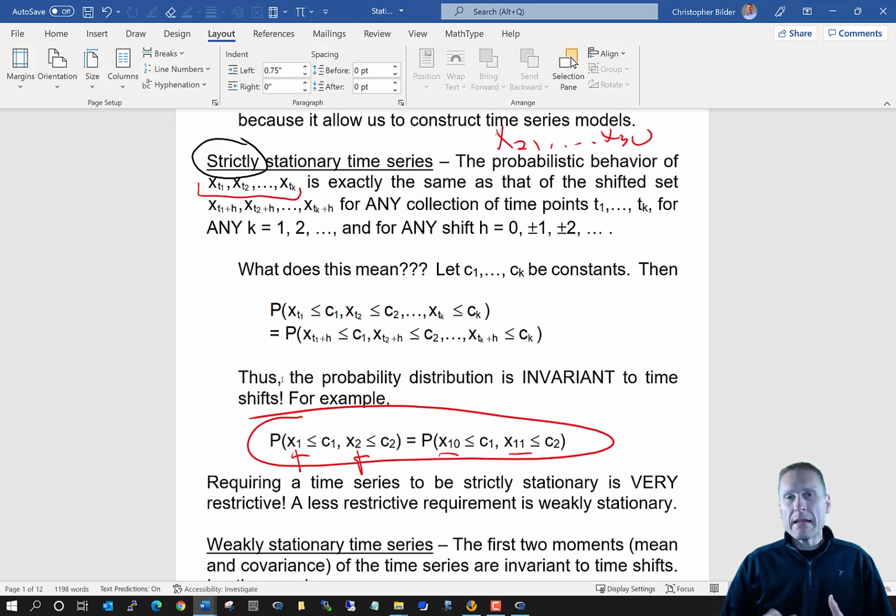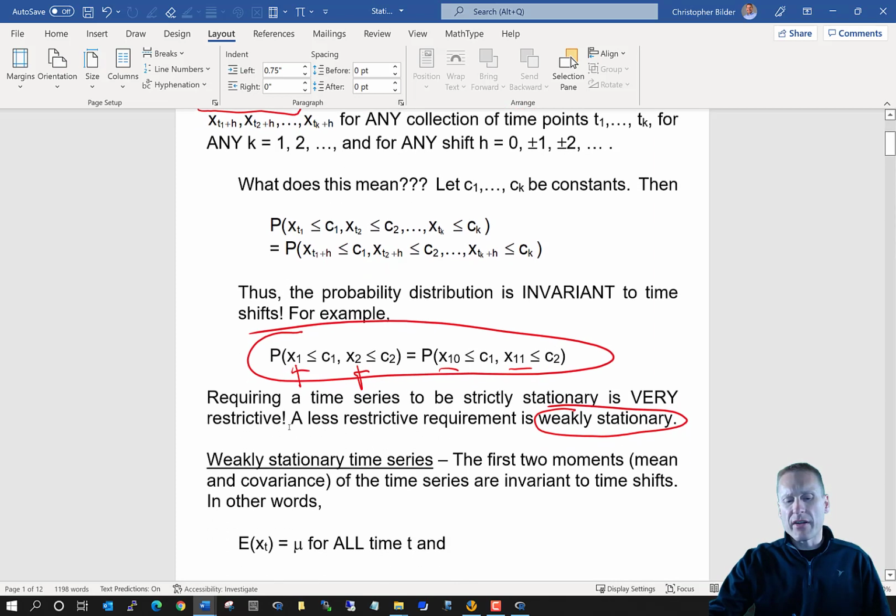Okay? Now, this is a very, I guess you would say, restrictive thing that we need for our time series, because we're assuming the joint probability distribution is exactly the same. And so, because of that, most often, instead of strictly stationary, we will be thinking about this in terms of weakly stationary.